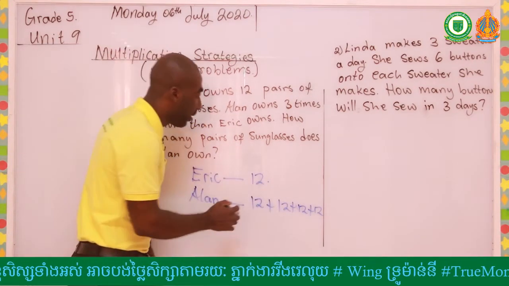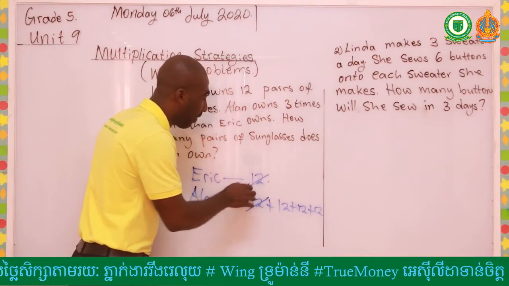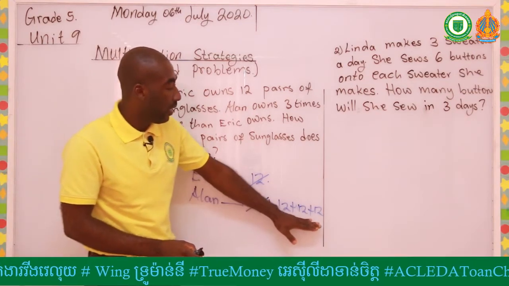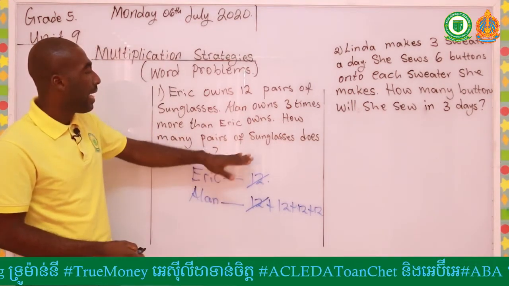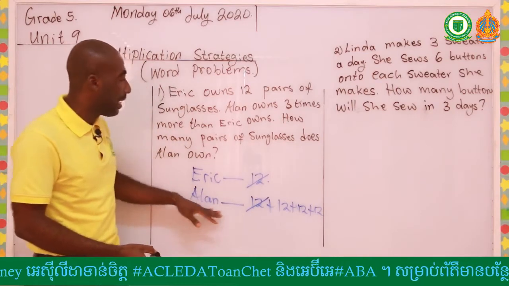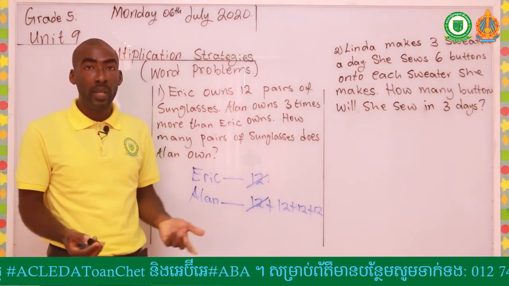So that means this 12 will cancel that of Eric's pairs. So the extra 3 that we have here becomes the extra 3 times more that Alan is having as compared to that of Eric.